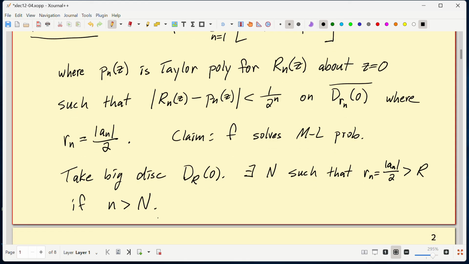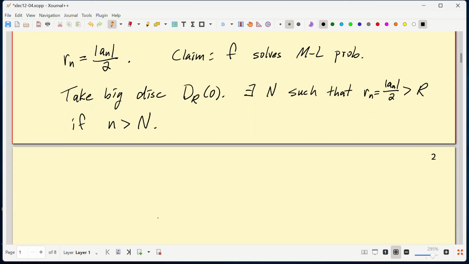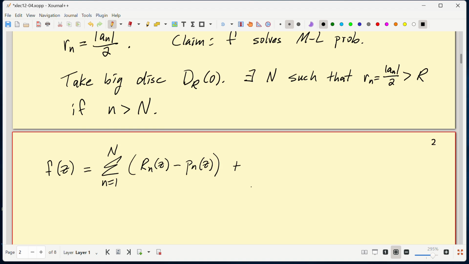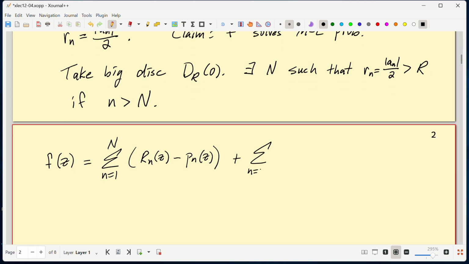And now if you think of what F is, F of z, first I'll take the beginning terms. That's the sum as n goes from 1 to capital N of a rational function, which is the principal part, minus polynomials, and then the rest of the junk. This would be n plus 1 to infinity, and then we'd have Rn of z minus Pn of z.